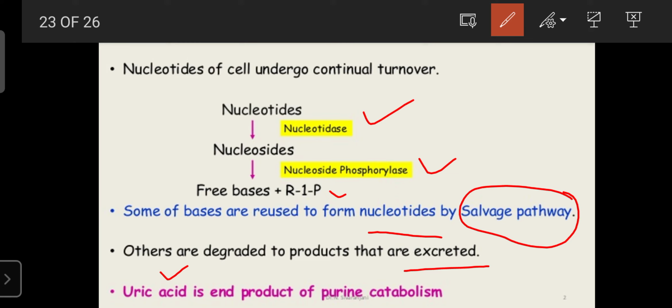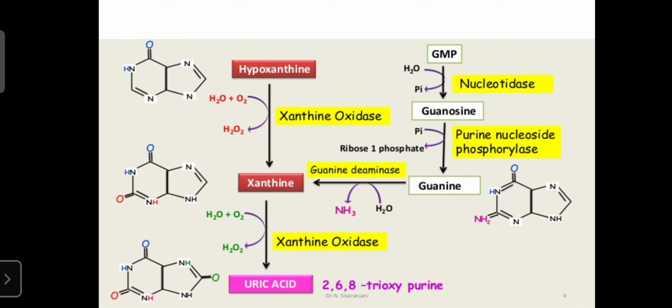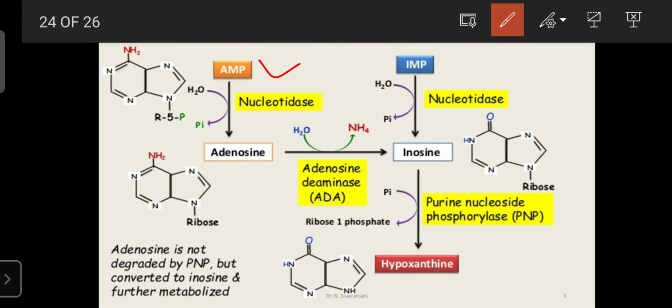AMP is converted into adenosine in the presence of the nucleotidase enzyme, and further adenosine deaminase utilizes water and releases ammonia, forming inosine. Inosine is converted into hypoxanthine in the presence of the phosphorylase enzyme, PNP.